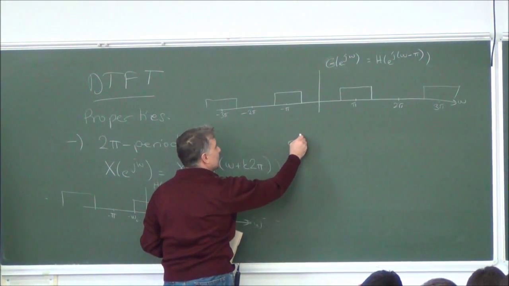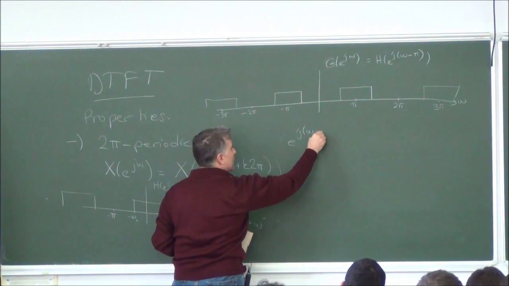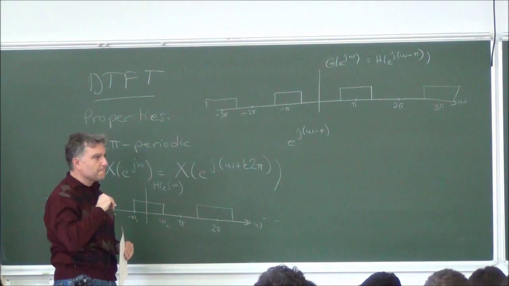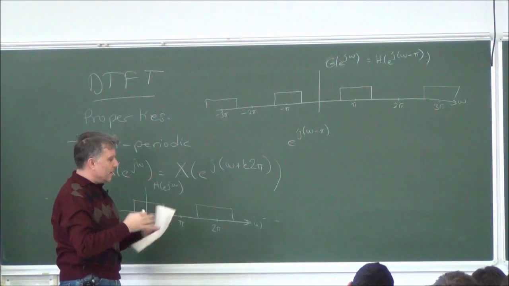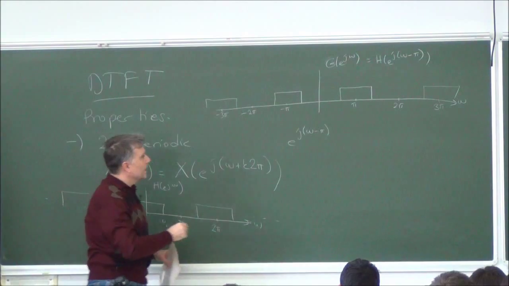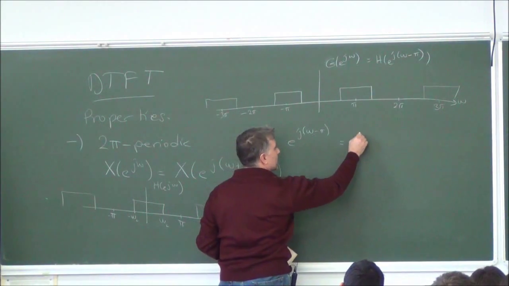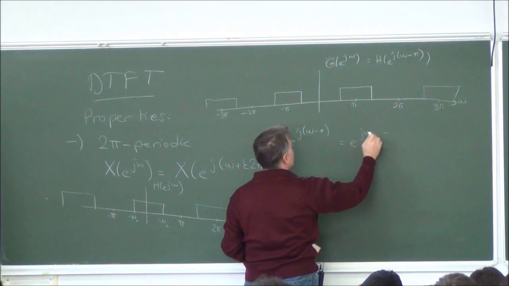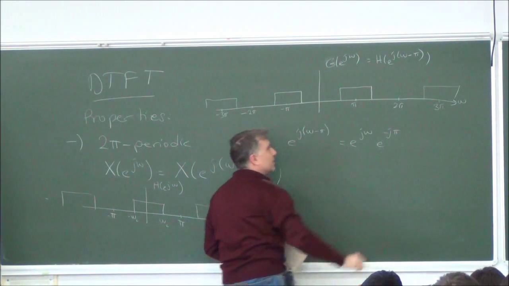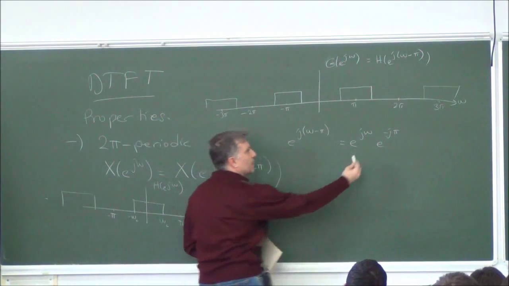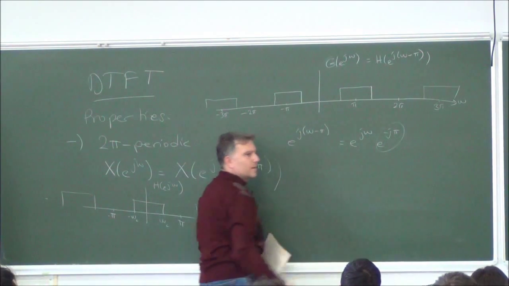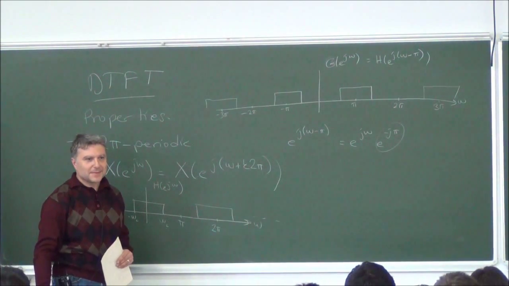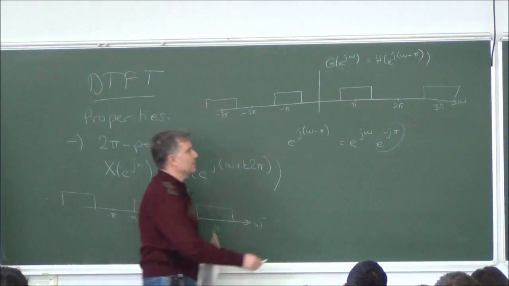Now what is e to the j omega minus pi? It is equal to e to the j omega times e to the minus j pi. And what is this? Minus 1.